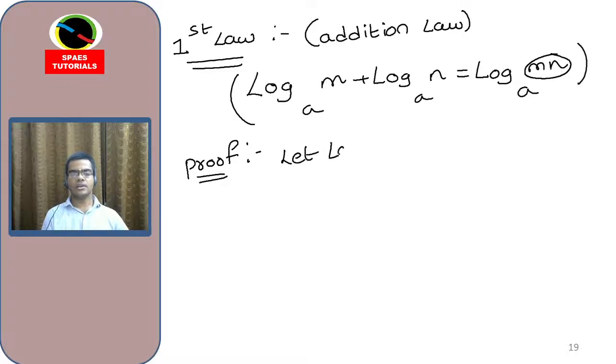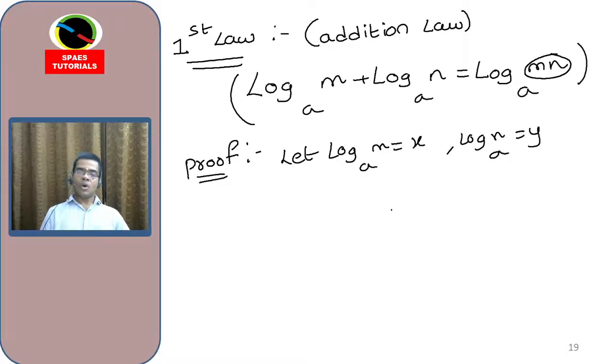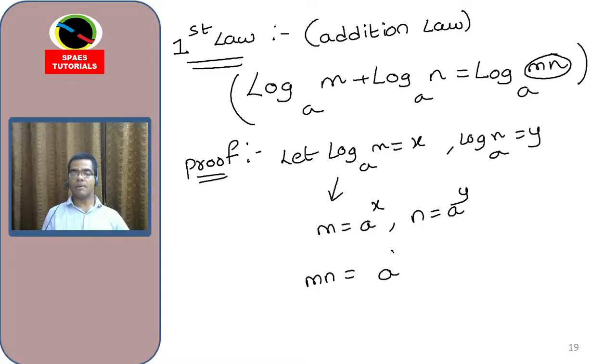Let log m base a is equal to x and log n base a is equal to y. What we need is mn. From these equations we can write m is equal to a power x, n is equal to a power y. Now mn will be equal to a power x plus y, because a power x into a power y is equal to a power x plus y.